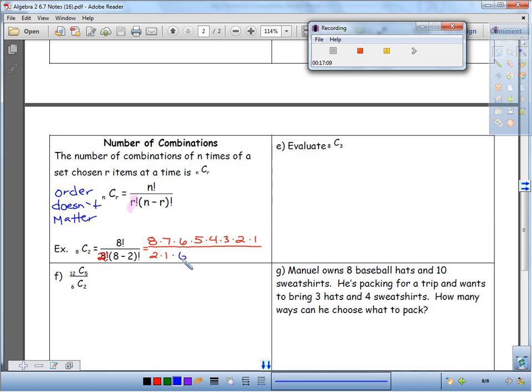So we do 6 times 5 times 4 times 3 times 2 times 1. Now it's nice again because I can divide these all and it all cancels out. Then I can also reduce this. 2 can go into 8 4 times. And then just multiply 4 times 7 and get 28.